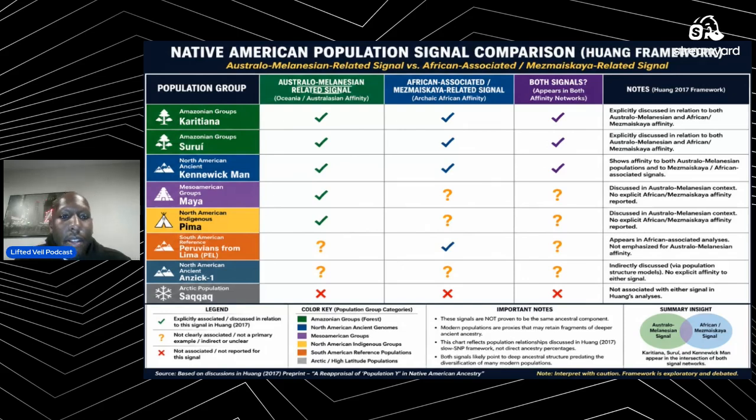All right. Mesoamerican groups shared more affinity with Australo-Melanesians. North American indigenous Pima, more affinity with Australo-Melanesians. Also, man, I'm going to point out that the second most prominent Y-DNA haplogroup amongst modern Native Americans is Melanesian derived.